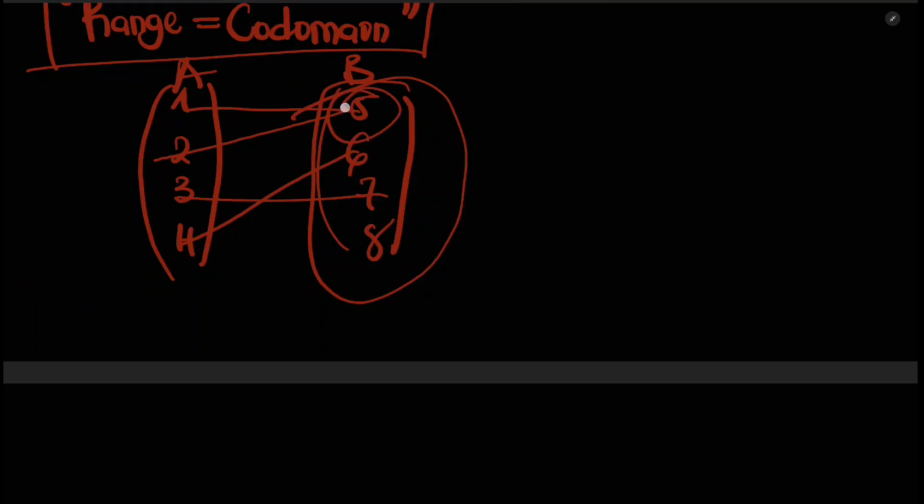Here, let's take this 5. 5 has an ancestor. It has 1 and it has 2, but it has an ancestor. 6 has 4. 7 has 3. So here, this is surjective.